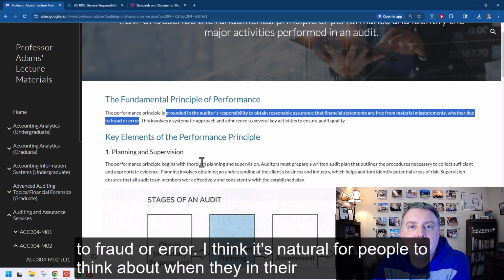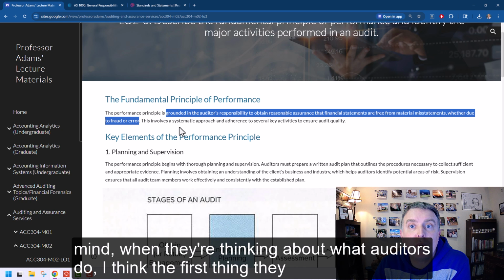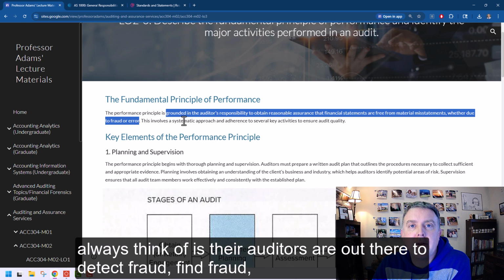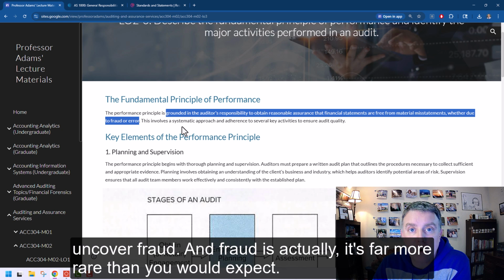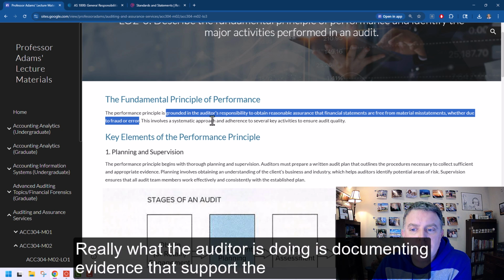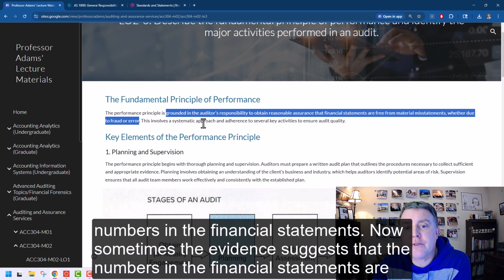I think it's natural for people, when they're thinking about what auditors do, to first think that auditors are out there to detect fraud, find fraud, uncover fraud. And fraud is actually far more rare than you would expect. Really what the auditor is doing is documenting evidence that supports the numbers in the financial statements.